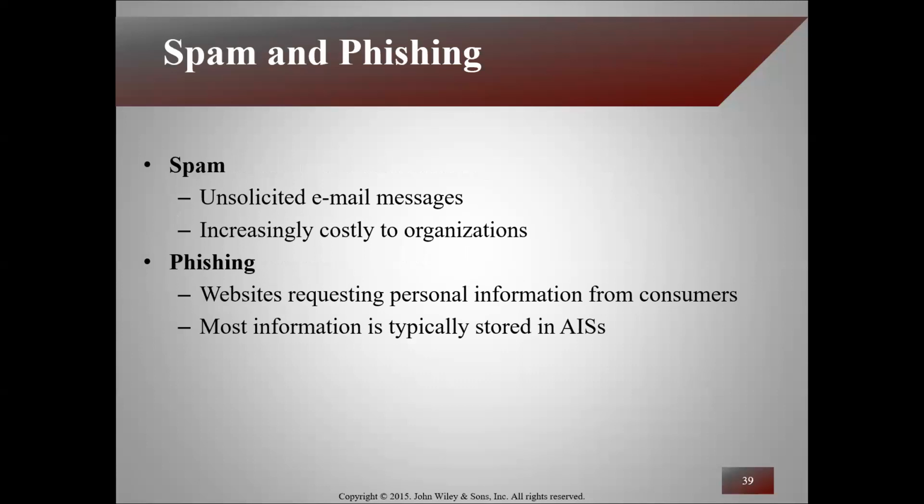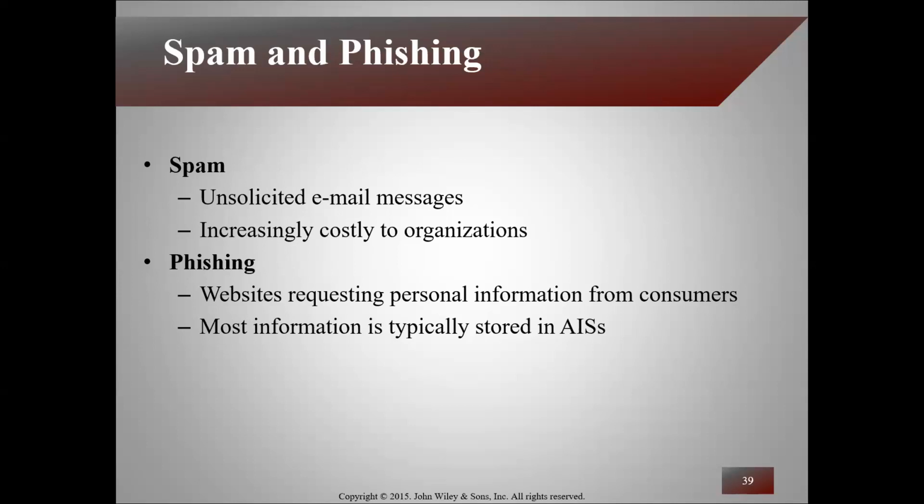A current internet problem is the increasing amount of spam, those annoying, unsolicited email messages that clog your email box. I'm pretty sure some of you get a lot of spam emails. Another is phishing.